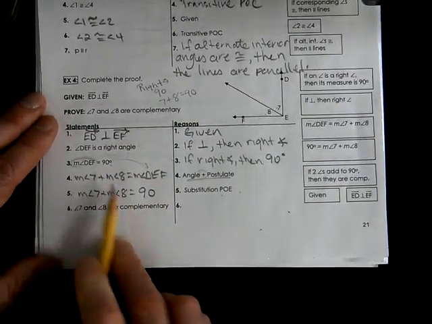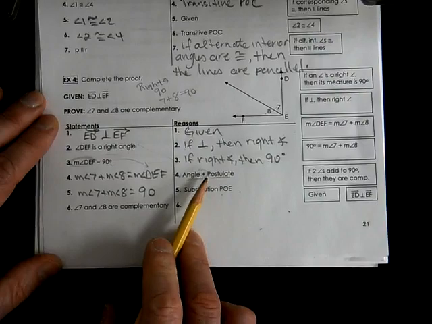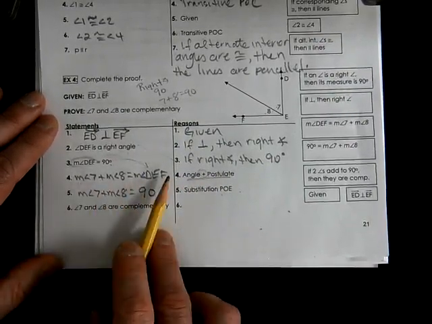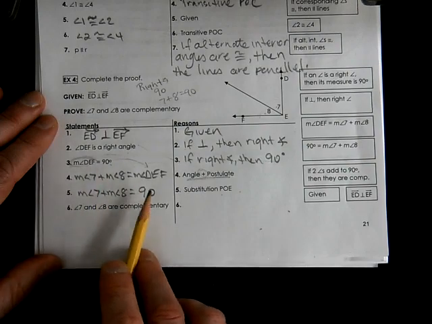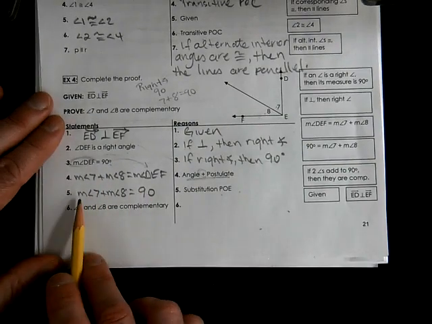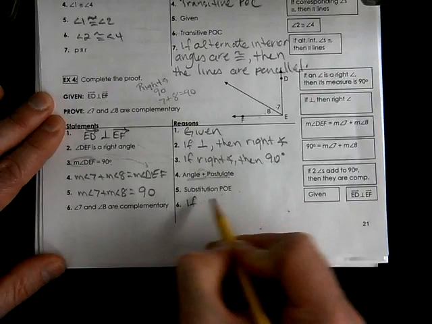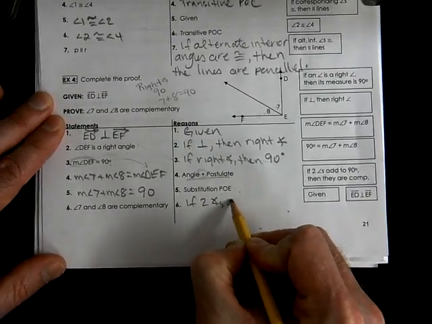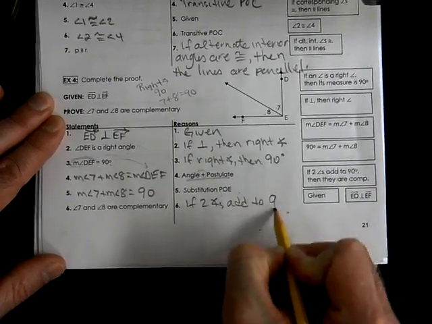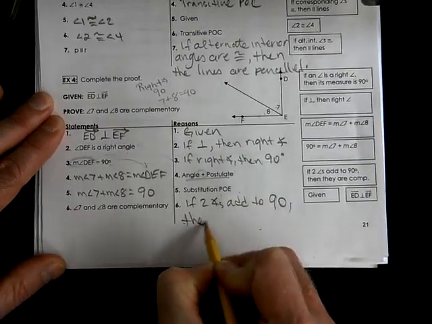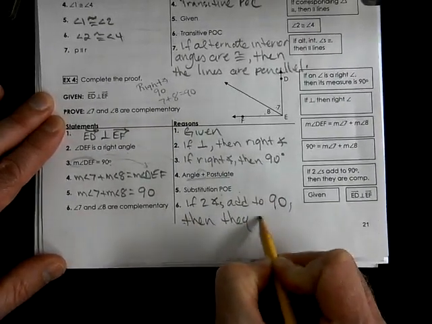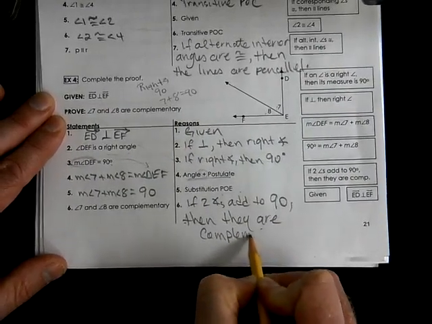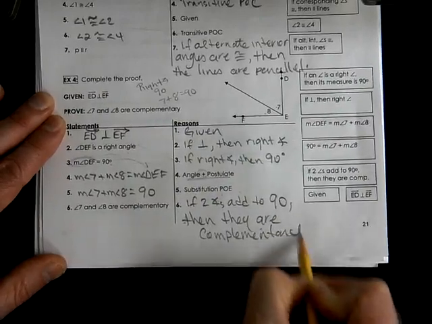But that's the substitution. Understand that angle addition postulate is just the names of the angles. Then we can substitute in information we know, and because they equal 90, if two angles add to 90, then they are complementary.